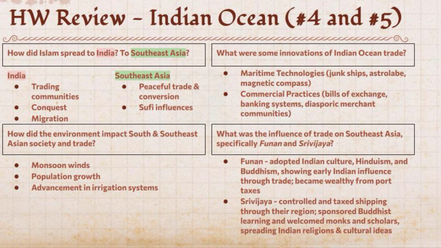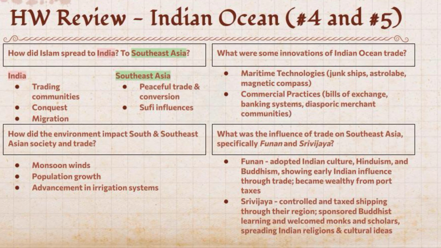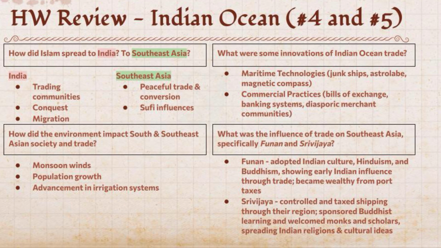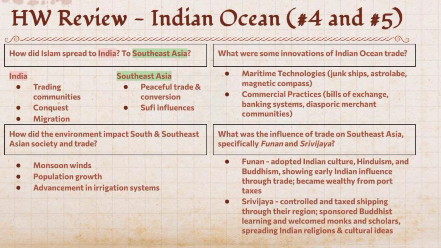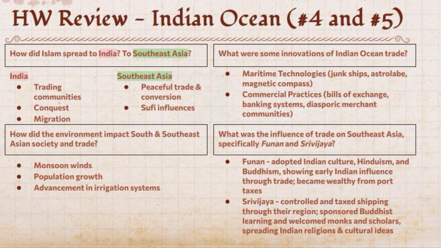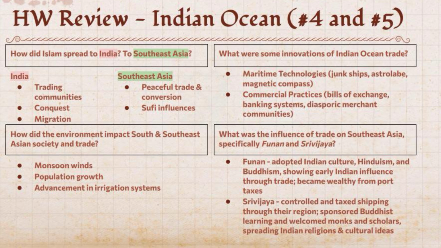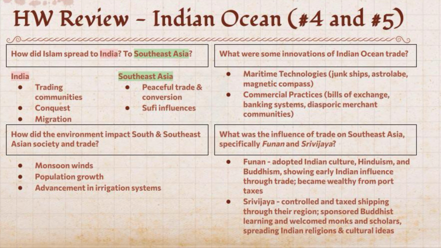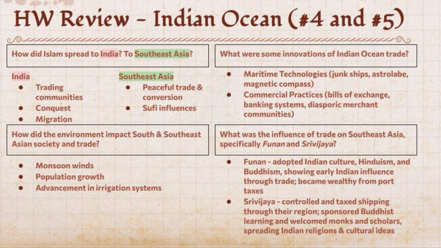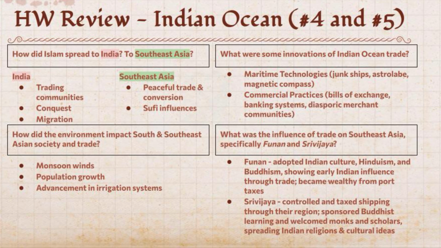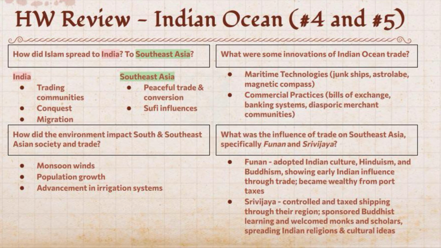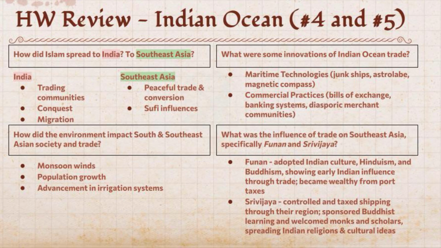They built reservoirs and canals and wells to manage this unpredictable rainfall, and they're going to use this to maximize crop production. And so all of this is supporting urbanization. All of this is supporting political stability. And most importantly, all of this is supporting and encouraging population growth, because if you have food for your people, then you're going to attract more people to live in your different regions.